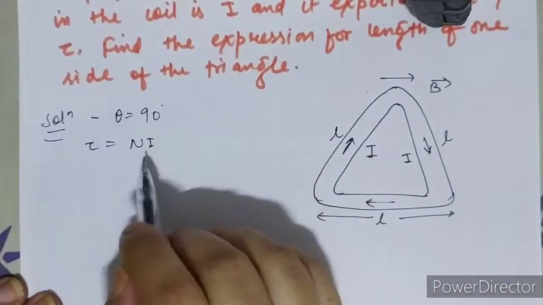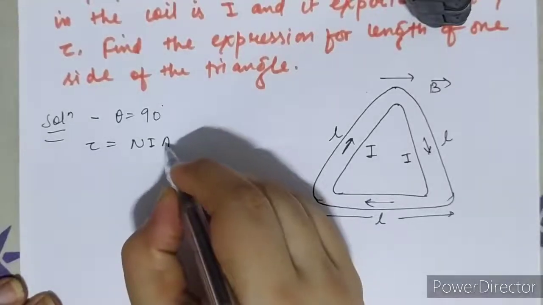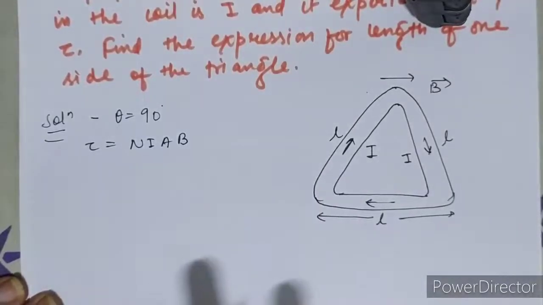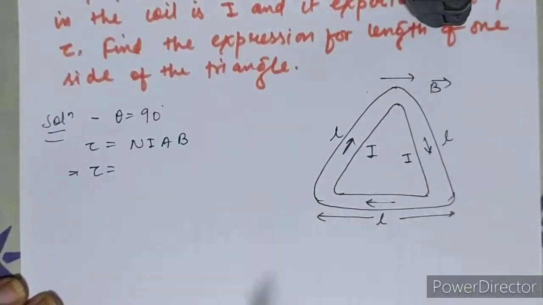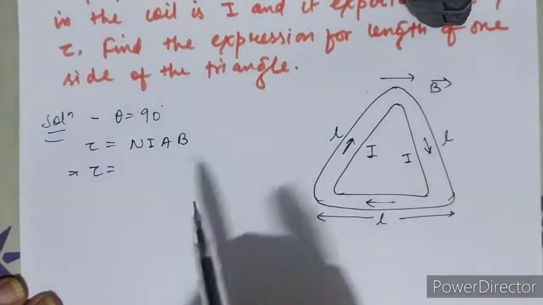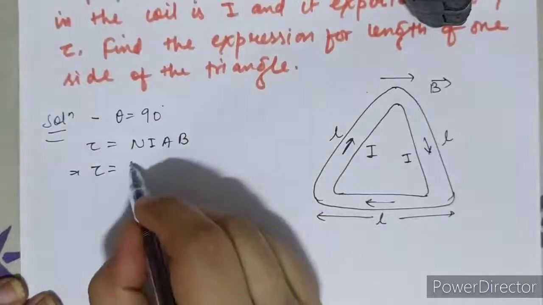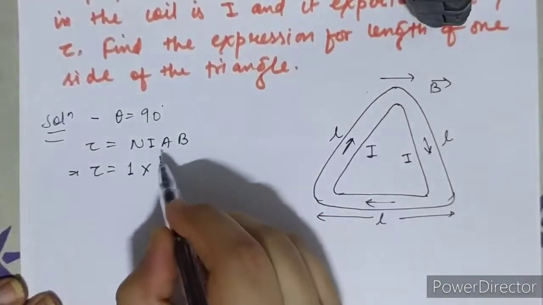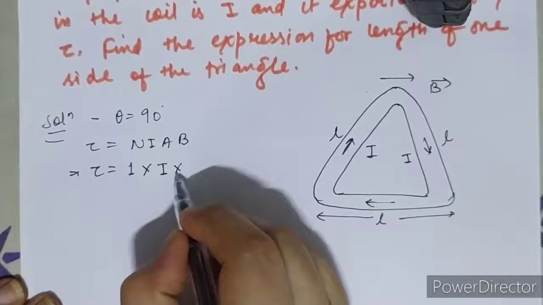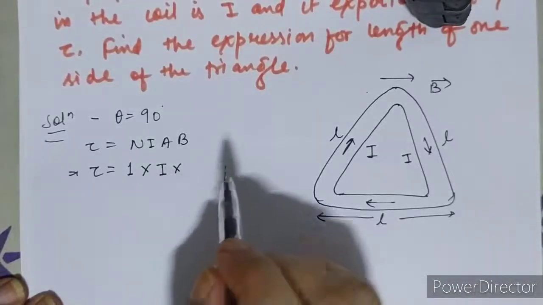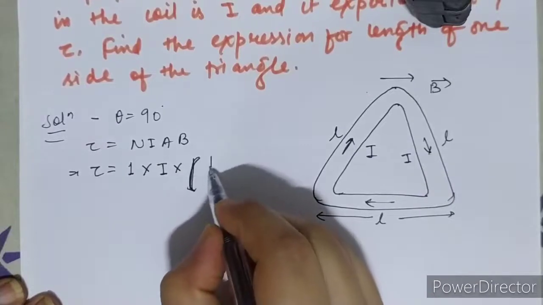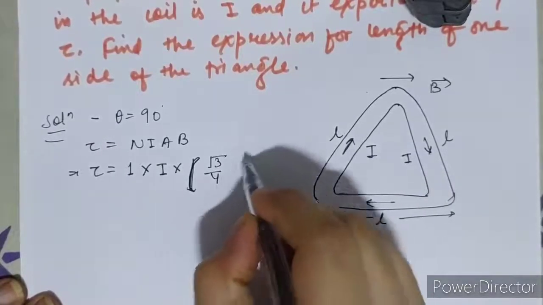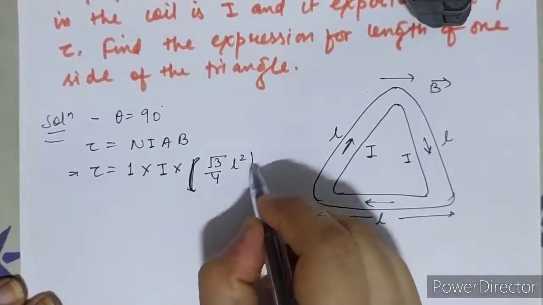So MB, M is NIA. I'm writing the formula, don't be confused. So here for torque, only one turn is there, 1, and current I is flowing. Just remember for the equilateral triangle, the area will be root 3 by 4 L square. This directly you have to learn.